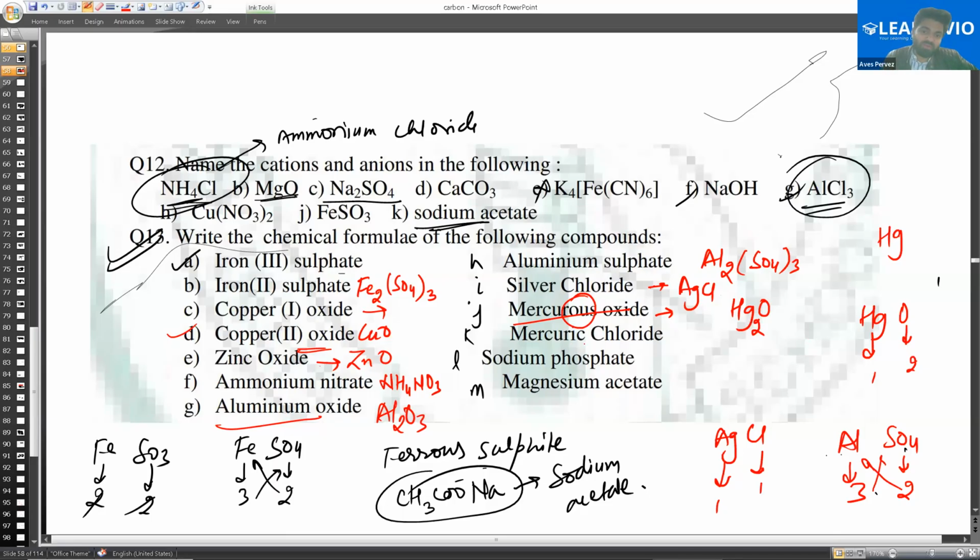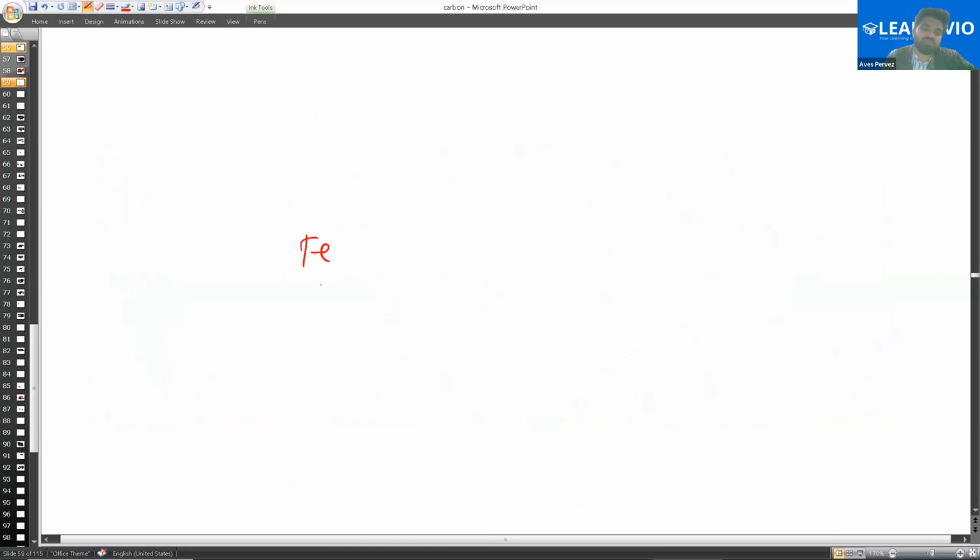Next, now it is mercuric. When it is ic, then the valency of mercury will be treated as 2. When it is ic, it will be the greater valency. Like iron has 2 types of valencies: one is ferrous, which is 2, and ferric.